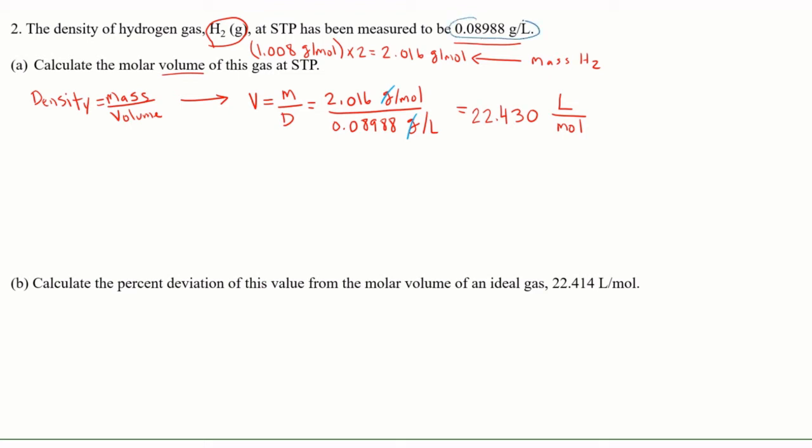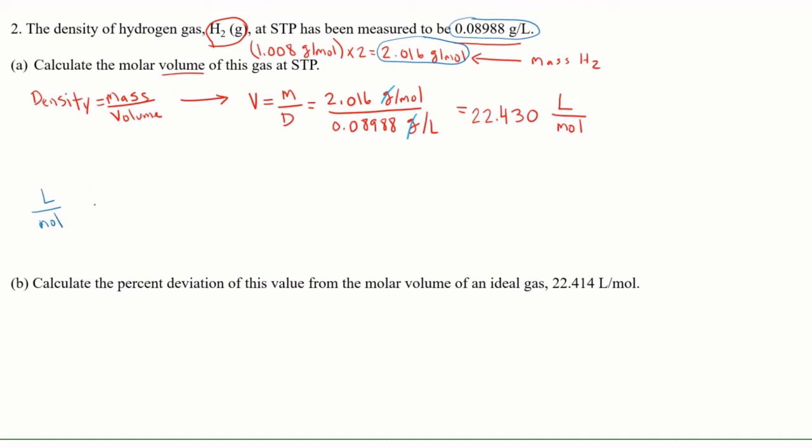The density here is grams per liter. I'm asked for molar volume, and I know that molar volume has a unit of liters per mole. So I want my liters to be in the numerator and my moles to be in the denominator.